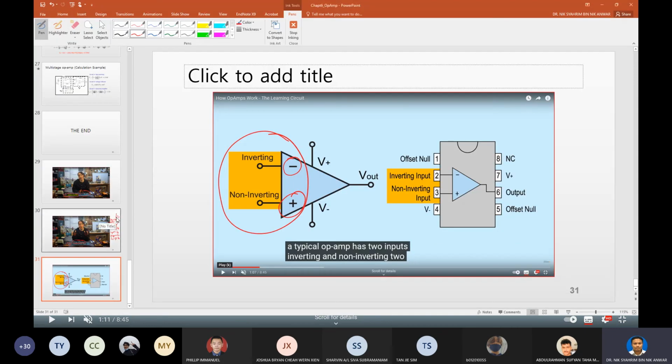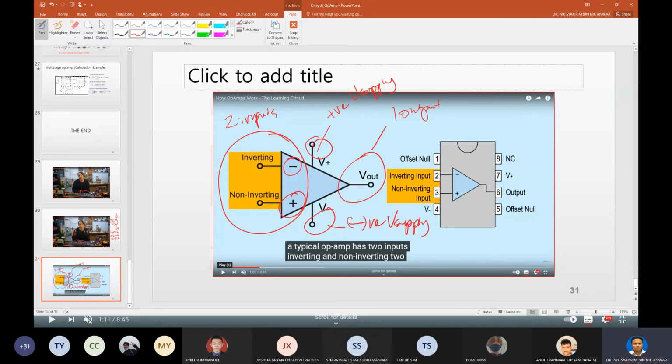So we can say that two inputs but one output, and this is a positive V supply, and this is a negative V supply.